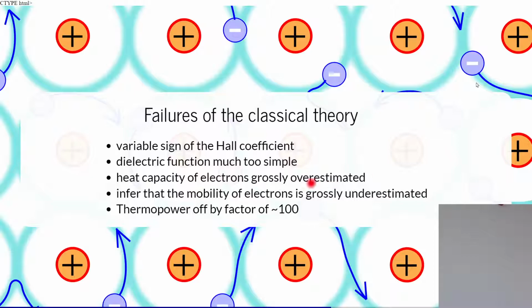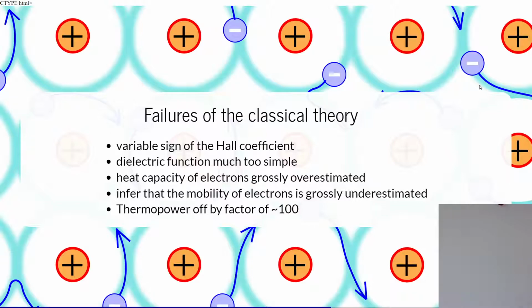I didn't touch on this, but the heat capacity of electrons is grossly overestimated by this model. And the mobility of electrons is grossly underestimated. So I said this ratio of the thermal to the electrical conductivity quite often comes out about right. But if you dig into it a bit more, you find that this ratio works out because the electrons are carrying a lot less energy than our classical model expects.